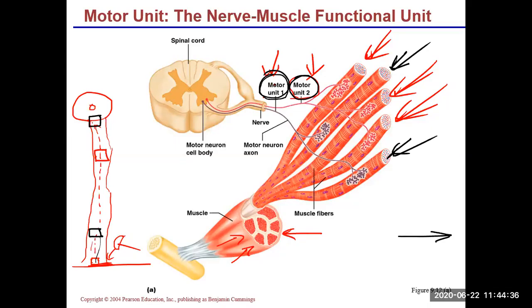Here's motor unit 1. I don't know which color it is, but let's say motor unit 1 happened to be the black one. So this one. And motor unit number 2, that's number 2, that's number 2, that's number 2 as well.